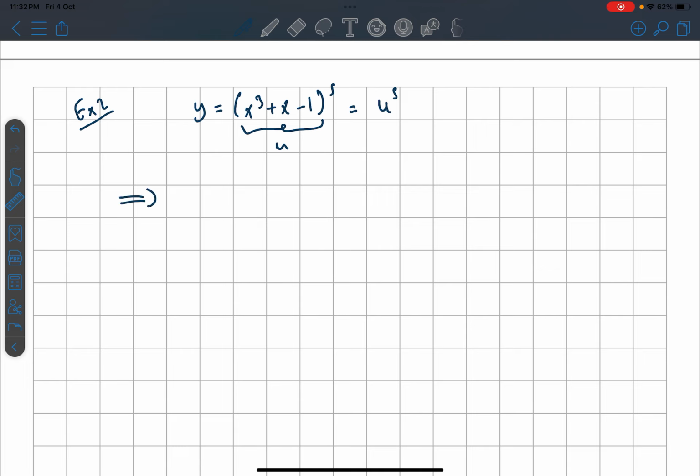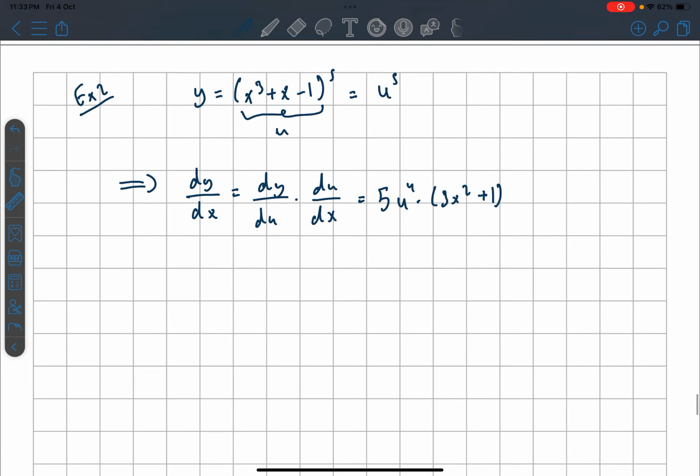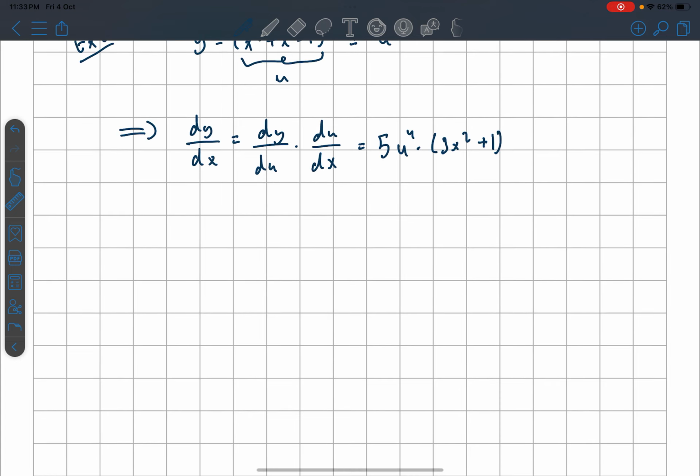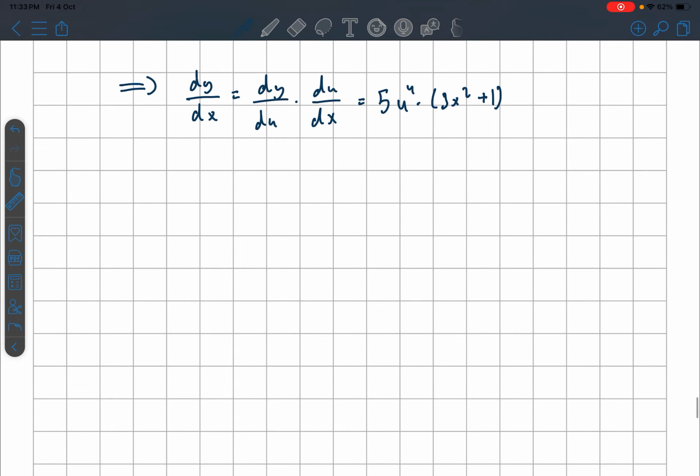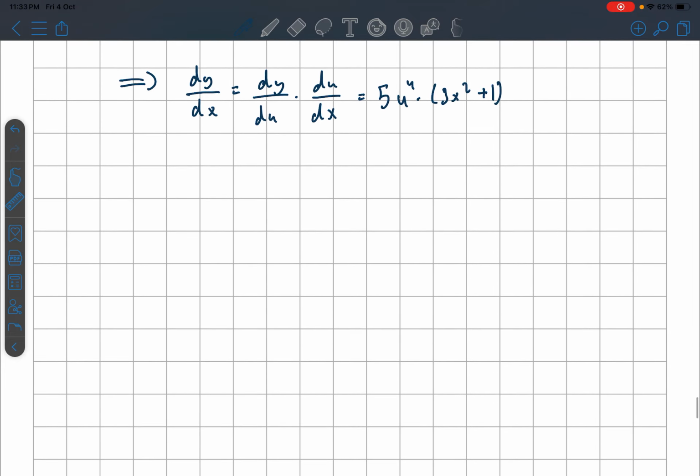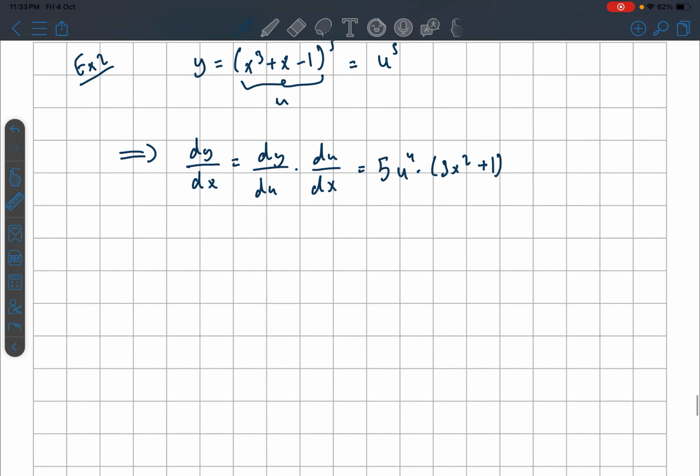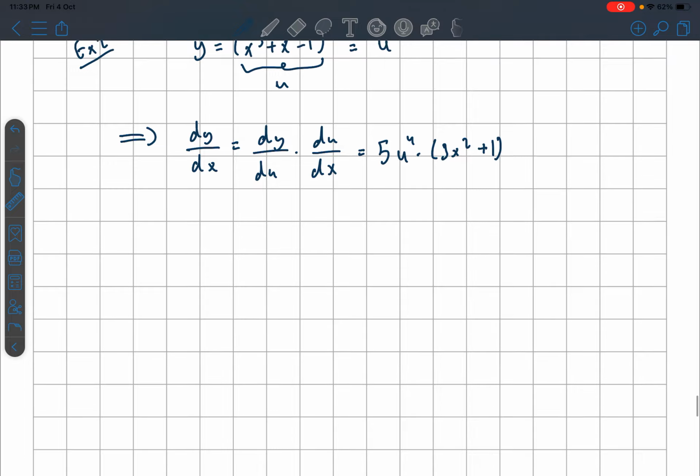And now let's take the derivative. So dy over dx is equal to dy over du times du over dx. So it will be 5u to the power of 4 times 3x squared plus 1, and now we can replace u by the function x cubed plus x minus 1.